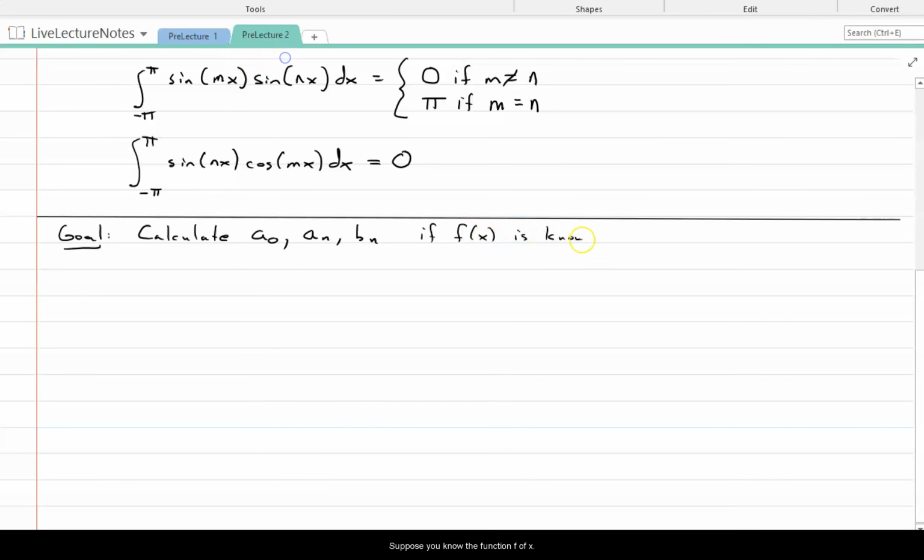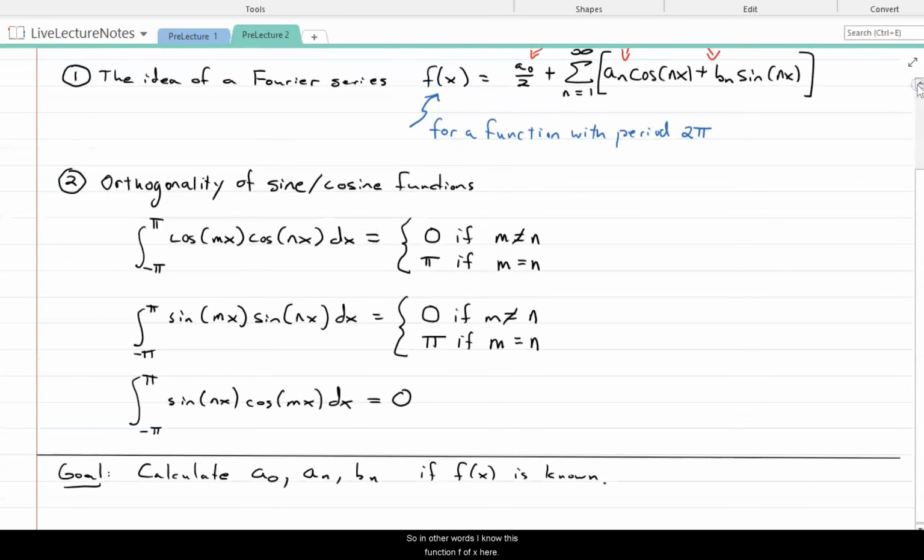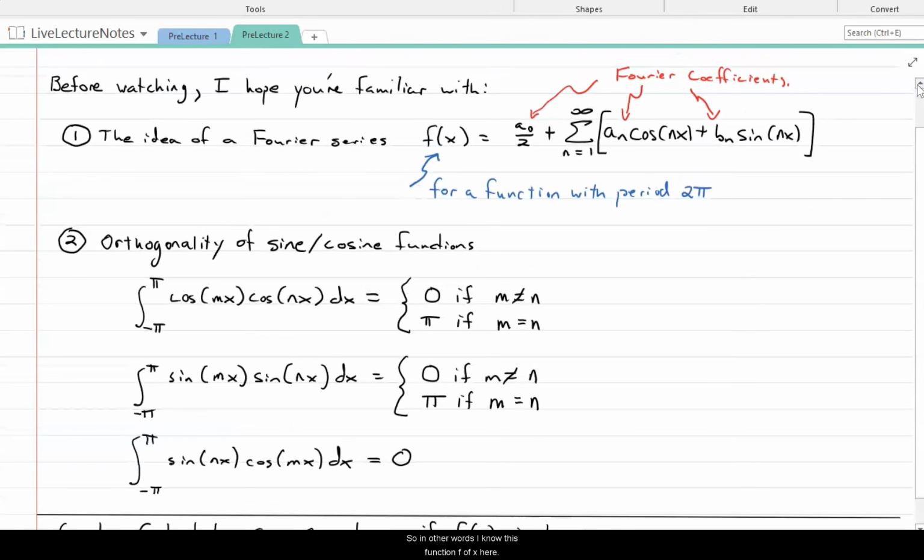Suppose you know the function f of x, and you want to know exactly what combination of sines and cosines I can use to get f of x. So in other words, I know this function f of x, and I want to determine these coefficients, a_n, b_n, a_0 over 2.